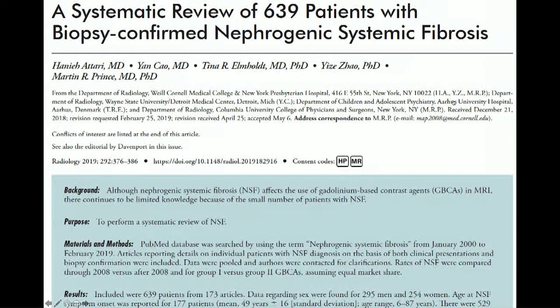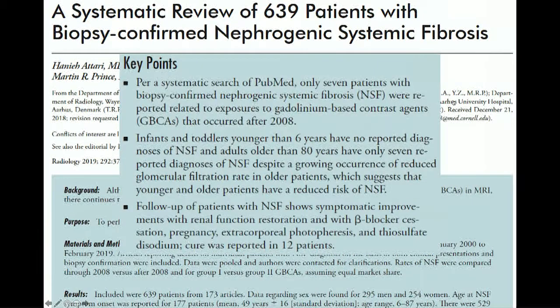This is a recent study that came out looking at all of the published cases of NSF that have been in the literature. This actually just came out a month ago in Radiology, showing that only 7 patients with biopsy-confirmed nephrogenic systemic fibrosis were reported related to exposures to gadolinium-based contrast agents that occurred after 2008.